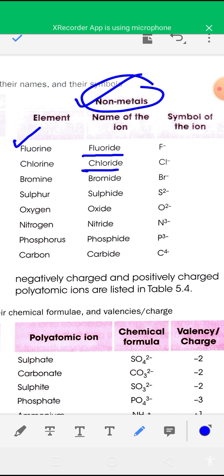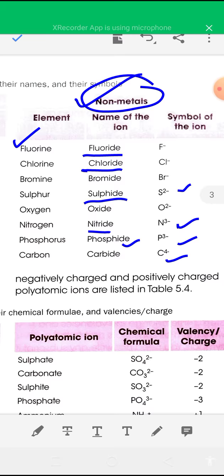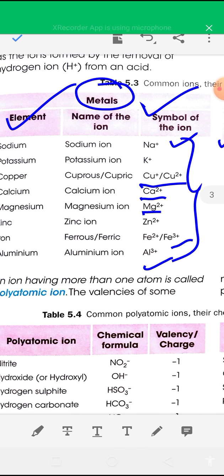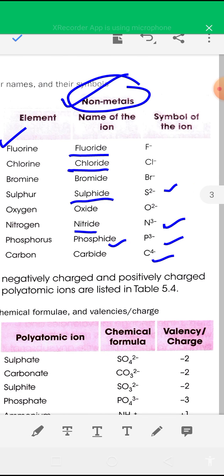Chlorine after gaining one electron forms chloride ion. Sulfur after gaining two electrons forms sulfide ion, S2 minus. The symbol of each ion you have to remember. Nitrogen forms nitride ion, N3 minus. Phosphorus forms phosphide ion, P3 minus. Carbon forms carbide ion, C4 minus. So these are some examples of positively charged ions, that is cations, and these are some examples of negatively charged ions, that is anions.